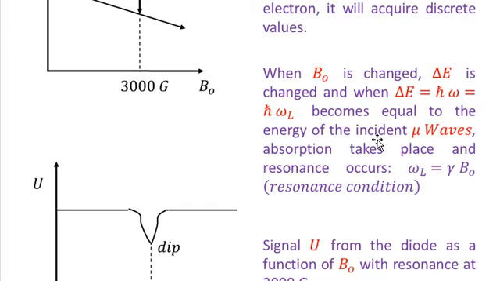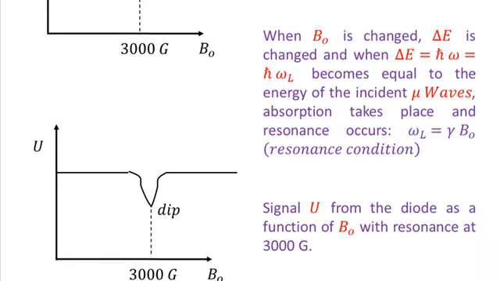So when this delta E becomes equal to the energy of the incident microwave, absorption takes place, and the resonance condition, that is omega L, or simply omega, equal to gamma times B naught, is satisfied, which we have discussed in equation number 9 also.